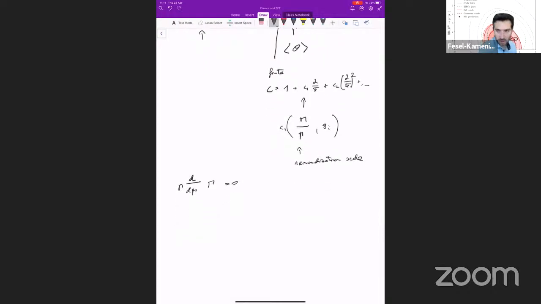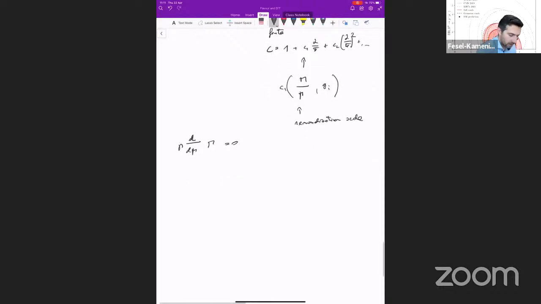And so far we don't know how the matrix element of the operator depends on the normalization scale. However, we know that the complete Green's function has to be independent.